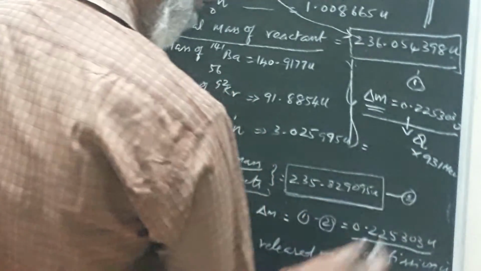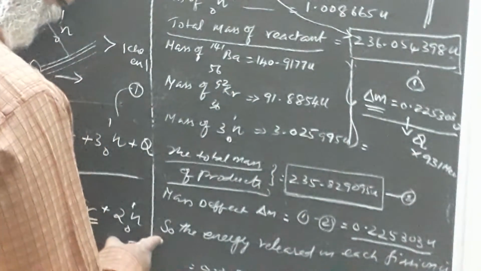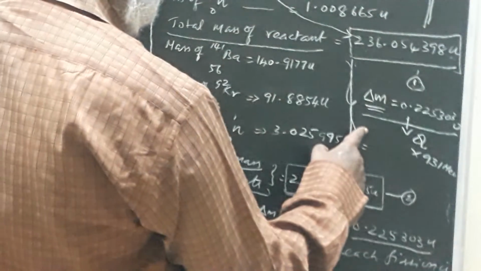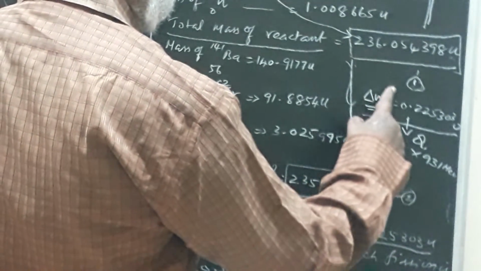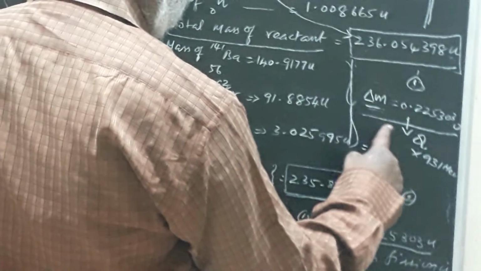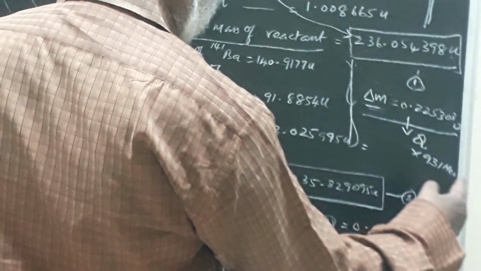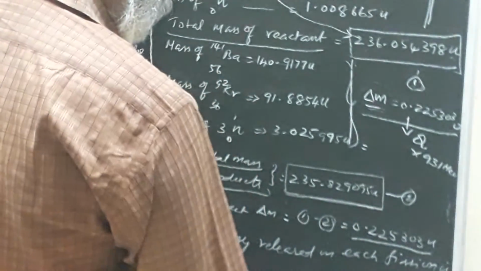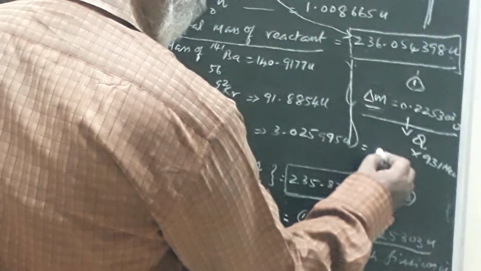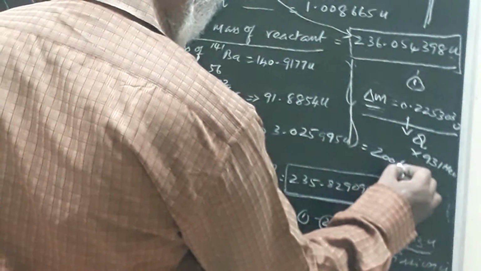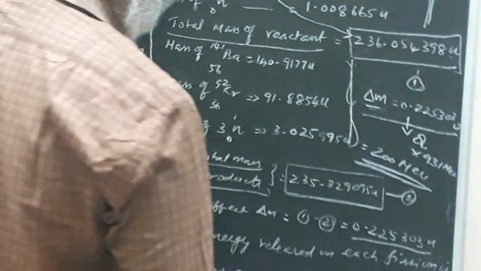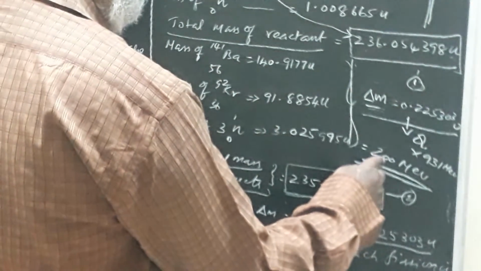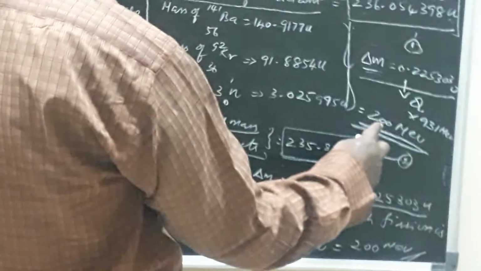So the energy released, the amount of mass defect multiplied by 931 million electron volt, is equivalent to nearly 200 million electron volt. This is the value that we obtain during the fission process.